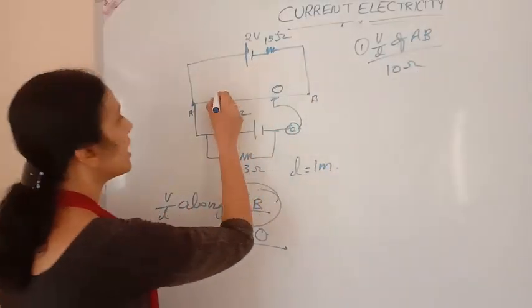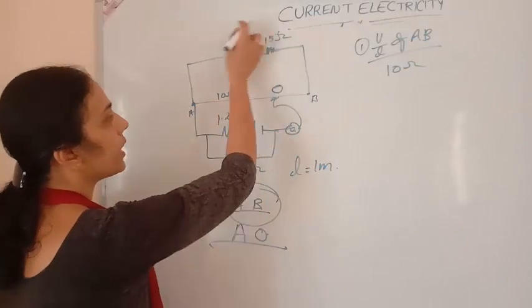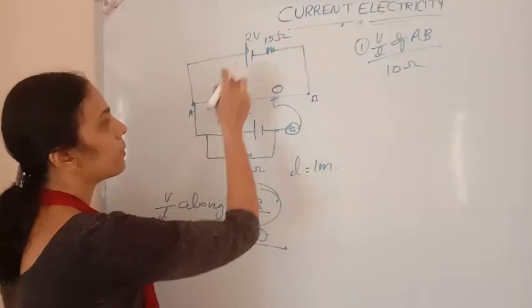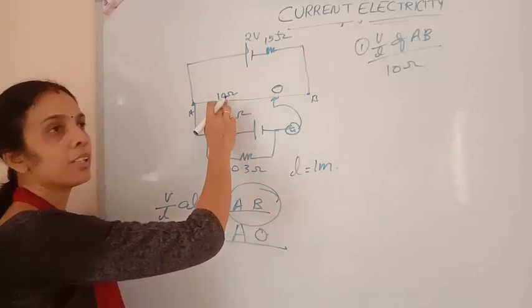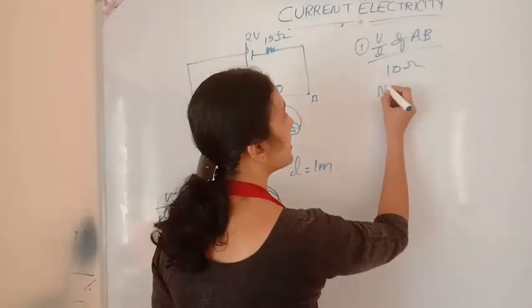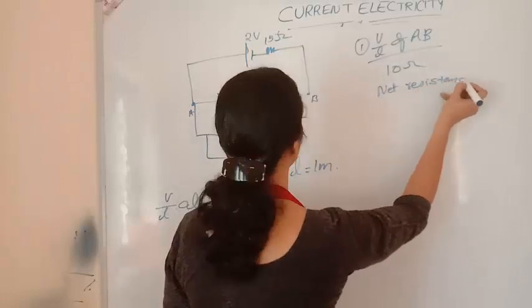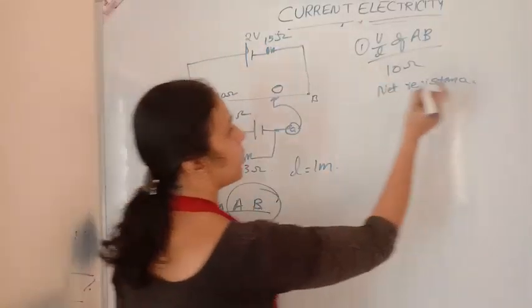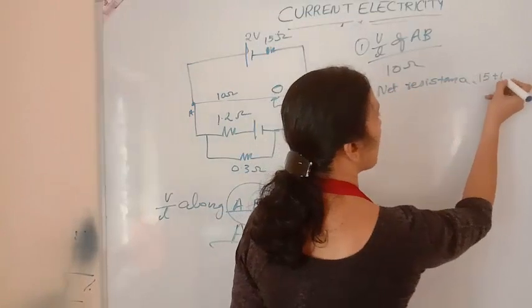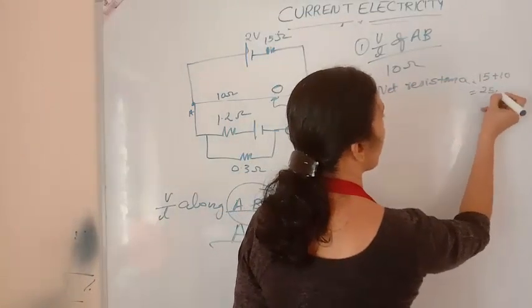So in this circuit, this 15 ohm is there, 10 ohm is there. So what is the net resistance? Net resistance or effective resistance will be equal to this 15 ohm plus 10 ohm, that is 25 ohm.